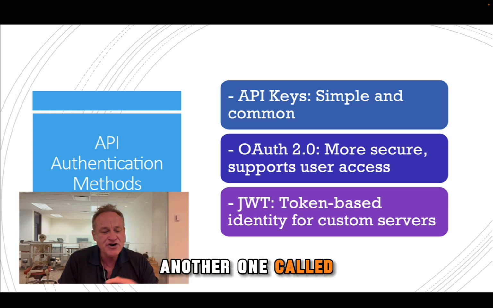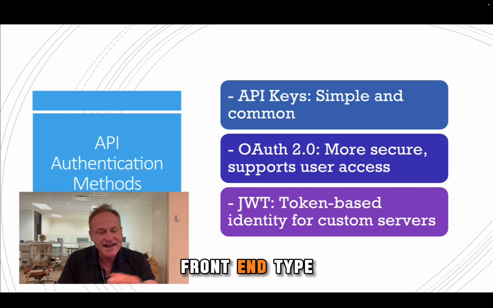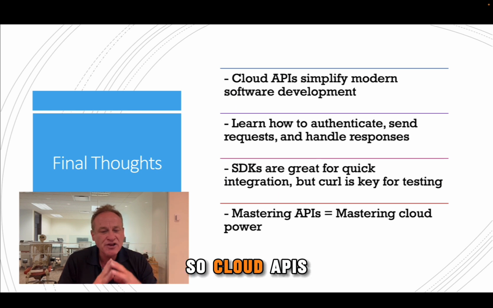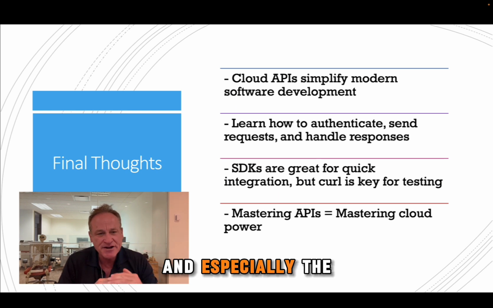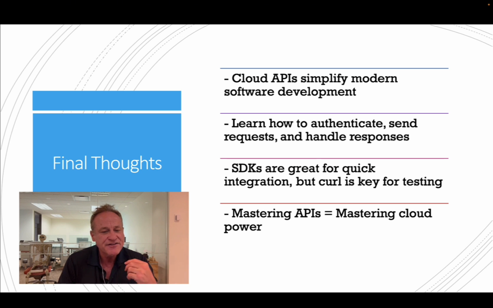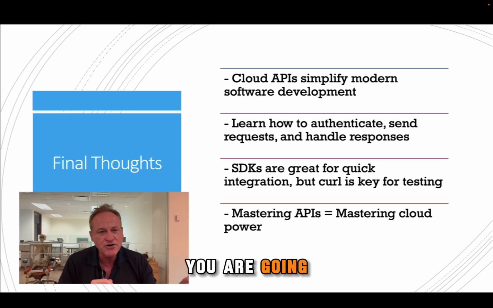Then there's another one called JSON Web Tokens. If you're doing some front end type of work, it's token based, and you can use JWT. So cloud APIs, and especially the LLM APIs, simplify modern software development. You want to learn how to do authentication, but for the most part, if you are going to be accessing cloud LLMs, you're going to be doing it using APIs.